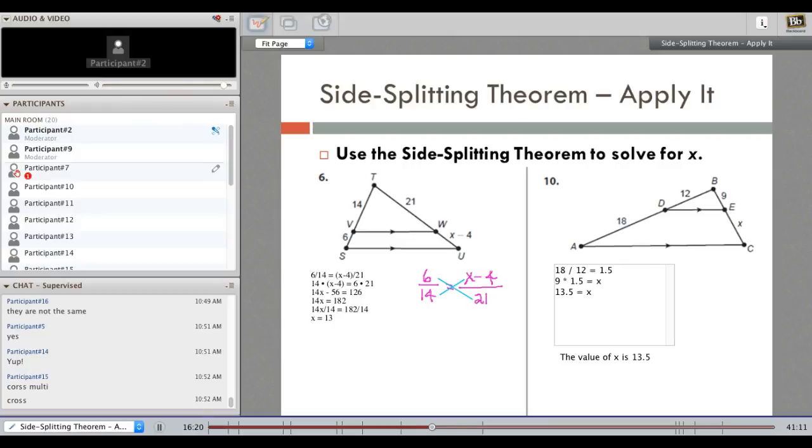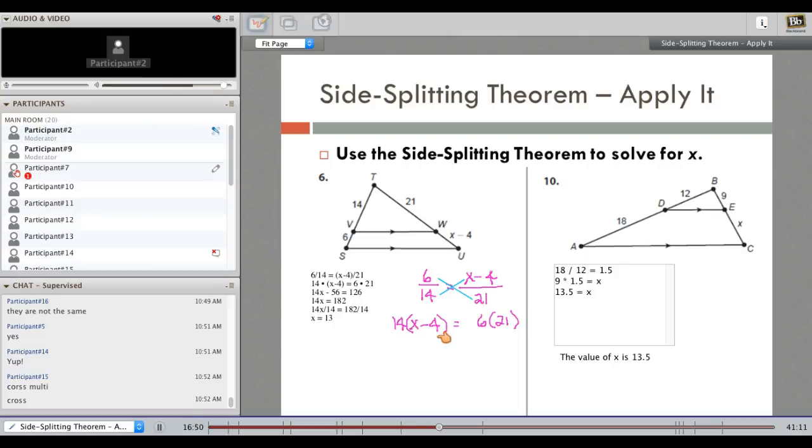Now, my caution here to you guys is be really careful when you cross multiply. I want you to write it out like this. When you do 14 times x minus 4, make sure you put parentheses around the 14 and the x minus 4. So if you see addition or subtraction, it's really important that you remember to put the parentheses, because what are we going to do over here on this side?